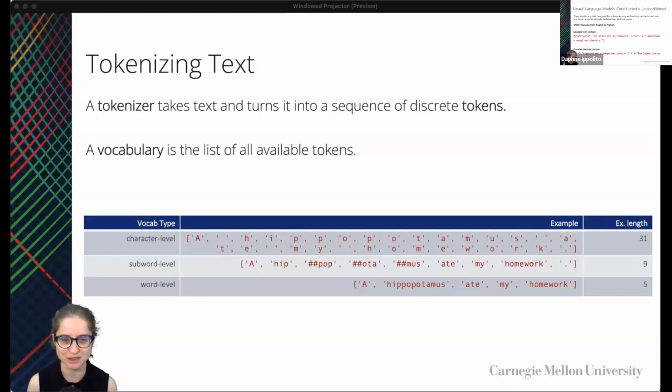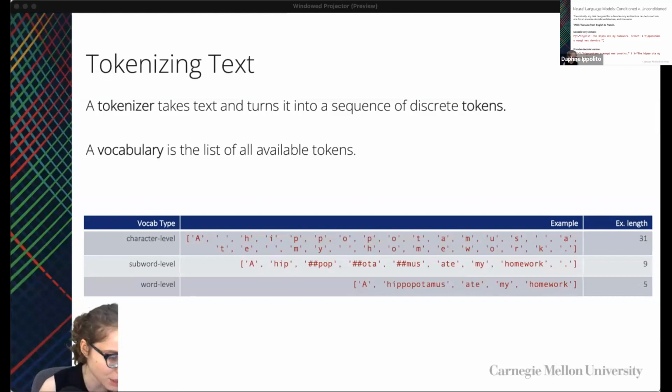It wasn't in your top 50,000 words that you would put in your vocabulary. Subword-level tokenization gets around this because rare words can be broken up into their constituent pieces, and that can be represented. So every state-of-the-art model you'll see uses some version of subword-level tokenization.